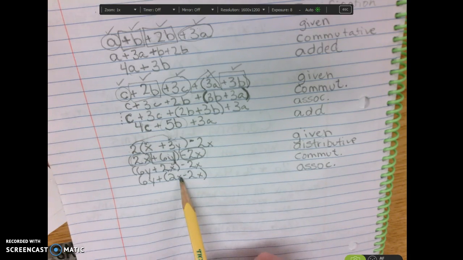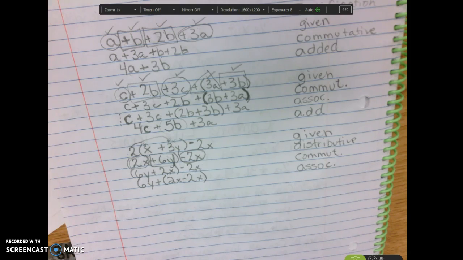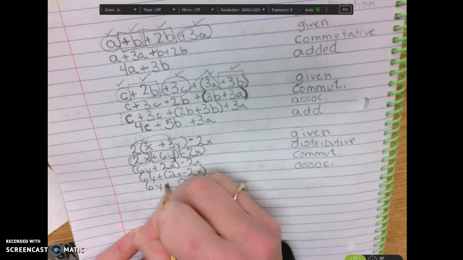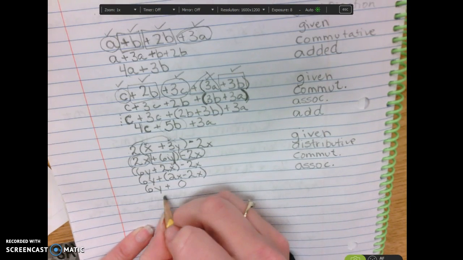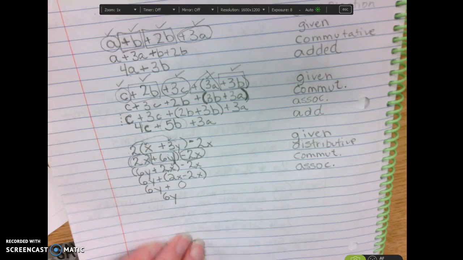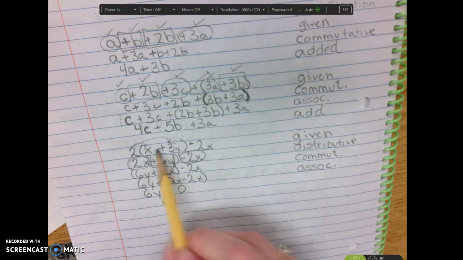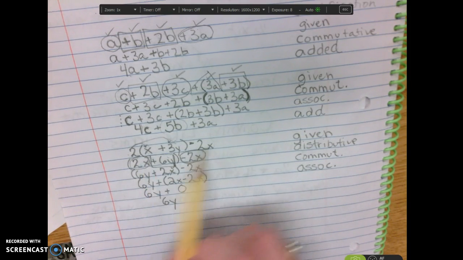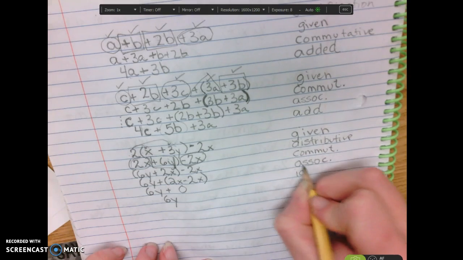Well, if I had 2 xylophones and then I lost 2 xylophones, how many xylophones do I really have? 0. So now I have 6y plus 0, which applying the identity property tells me that I really simply have 6y. So look how simple that problem ended up being, going from here to realizing I don't even need to discover what x is because they cancel each other out. So this simplifying stuff can be very helpful.